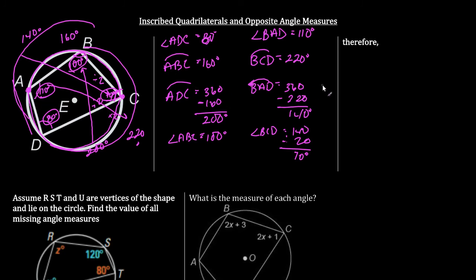But what we're basically getting at is that these opposite inscribed angles are supplementary, but in our terms, we'll just say they add up to 180 degrees. 180 degrees, 180 degrees, together they add up to 360 degrees.